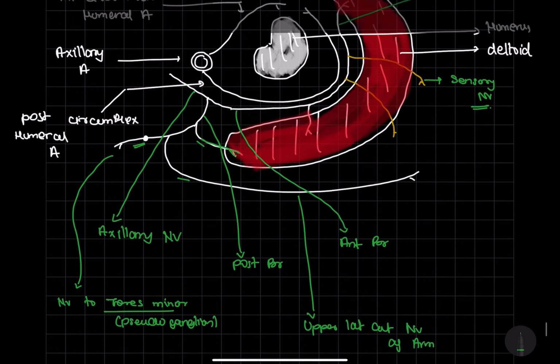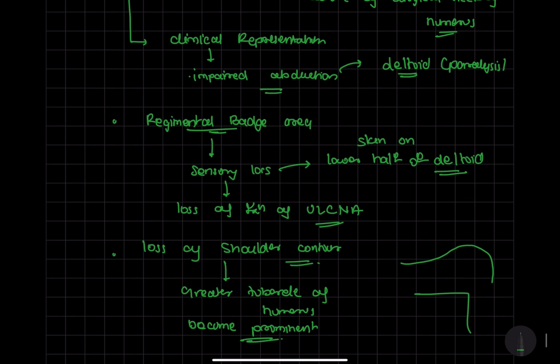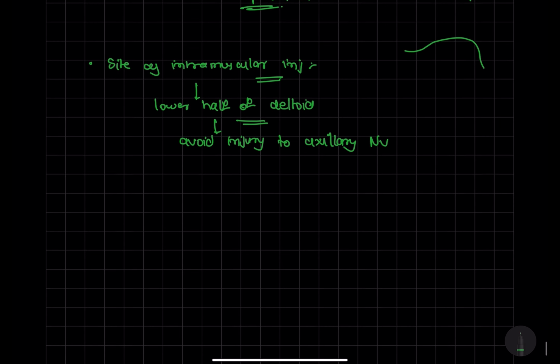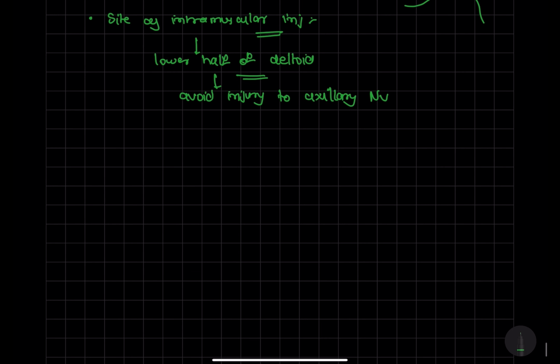As you can see in this diagram, your axillary nerve winds around the surgical neck of the humerus. So as to avoid this damage, we give the intramuscular injection in the lower half of the deltoid. But this is not entirely true, because in clinical practice we give IM injections in the upper outer quadrant of the deltoid.